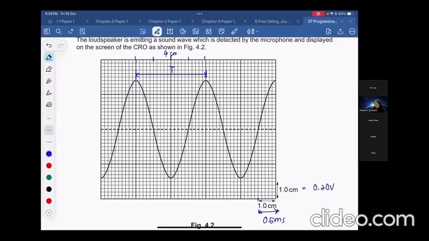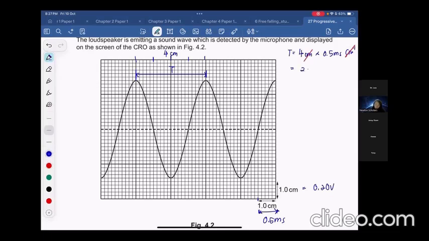In total it is 4 cm. So the period is 4 cm times 0.5 millisecond per cm. The cm per cm can be cancelled out.